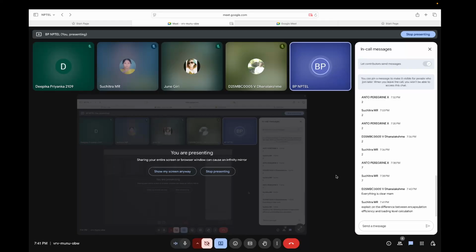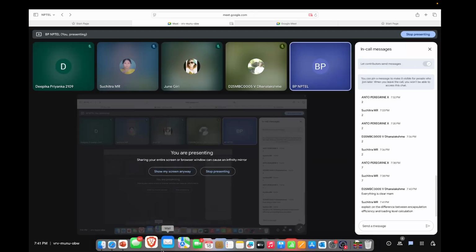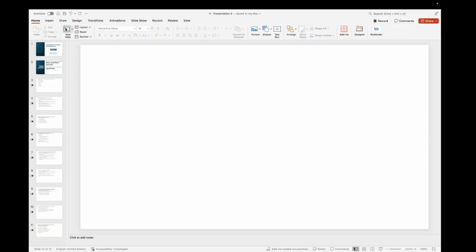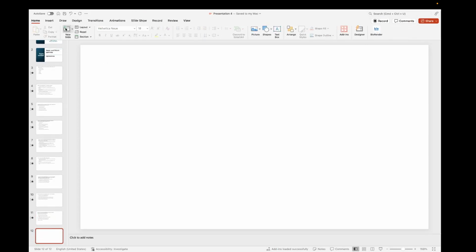Okay, you want to know about the difference between encapsulation efficiency and loading level calculation, right? So encapsulation efficiency is basically how much amount of drug you started with and what is the amount that you have captured in the final amount of particles.